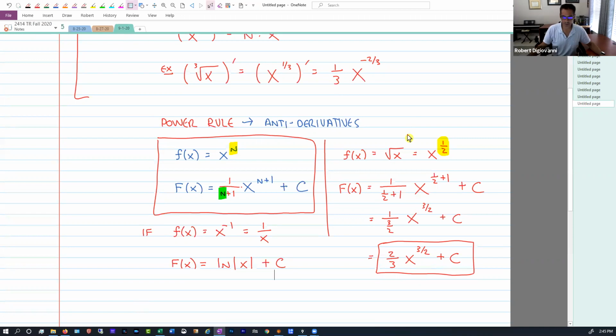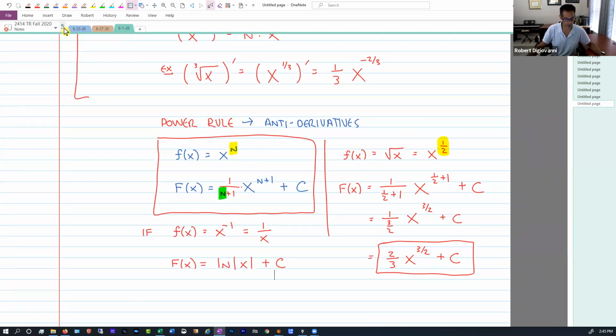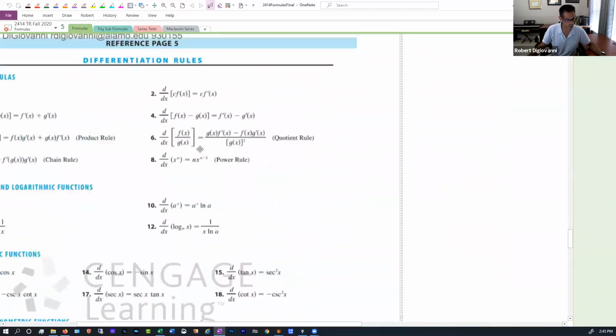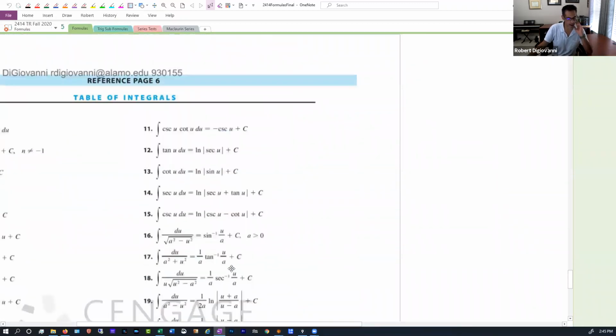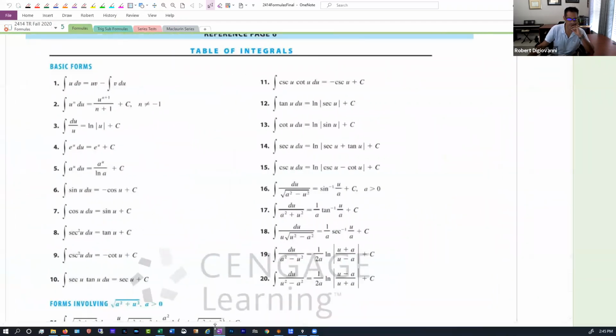So I'm going to go back to the formulas. Go back to our formula sheet. So we now have this right here. This page here, reference page 6, is called the table of integrals. Now, right now we haven't talked about integrals, okay? But basically an integral is an antiderivative.